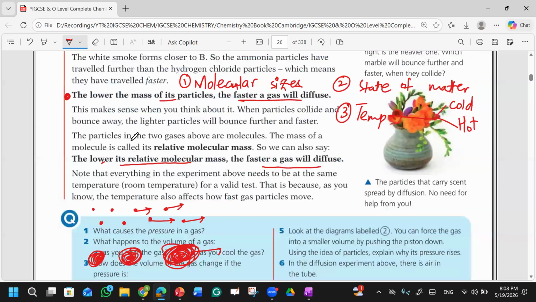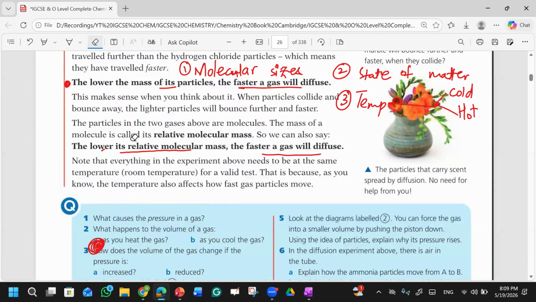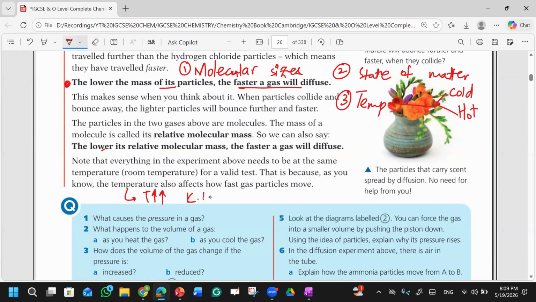The second factor is temperature. I told you about the temperature as well. So temperature will also affect the particle movement. How will it affect the particle movement? Can you think about this? Can you tell me what will happen on a cold day and what will happen on a hot day? If you increase the temperature, the kinetic energy will increase, right? Yes, because it's hot. On a hot day, the kinetic energy will increase and definitely the gas will diffuse at a faster rate.